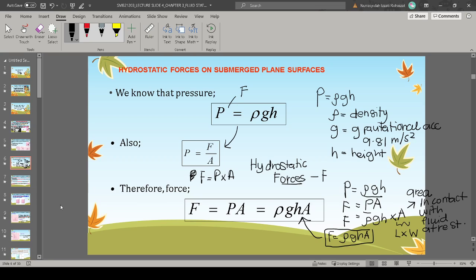Let's say I have a flat object which has length, width and thickness. I put it flat in a tank here.